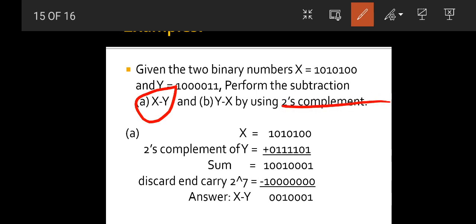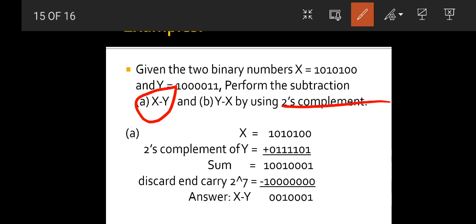So again, for the subtraction of complements, you have to add your x and the r's complement of your y. So you know already how to get the r's complement of your binary numbers. The diminished radix result plus 1.